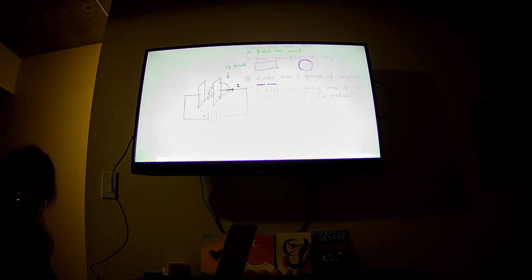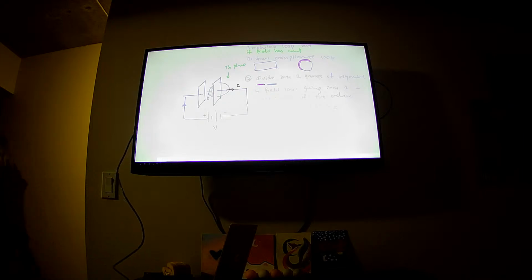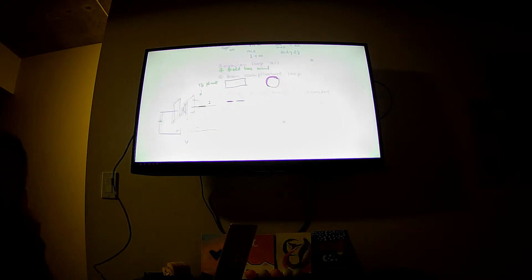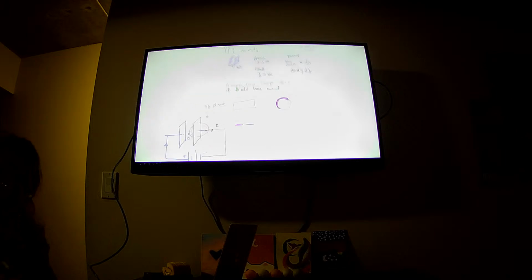So it would have a current flow this way, and this would be the negative, and you would apply some sort of voltage to this. So this would be one example, but let me finish a little bit first.